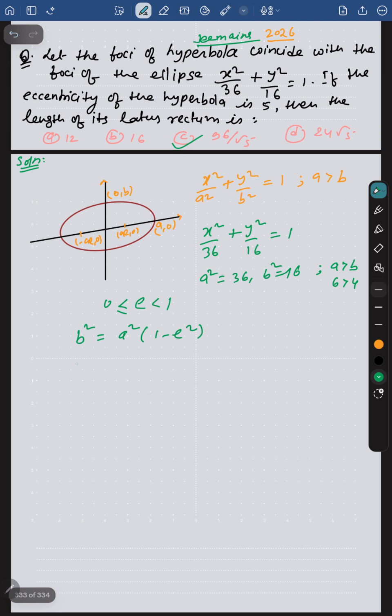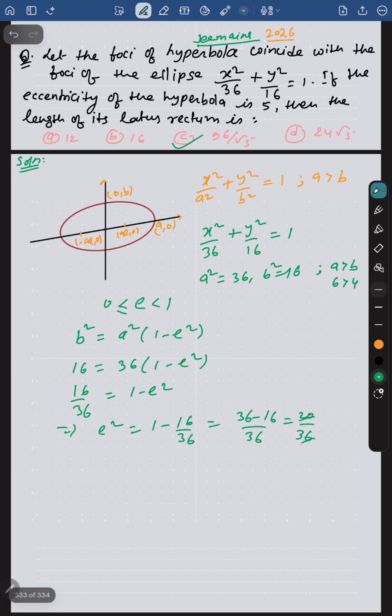So let us see. b square is 16, a square is 36, so 16 upon 36 equal to 1 minus e square. This will give you e square is equal to 1 minus 16 upon 36, which in turn gives 36 minus 16 upon 36. So 20 upon 36, which is 5 upon 9.